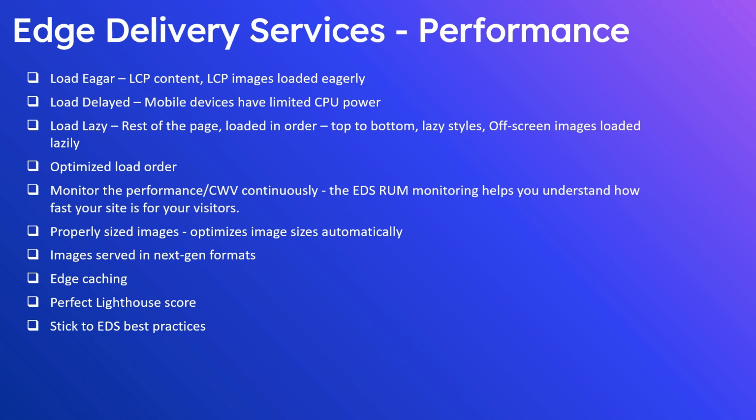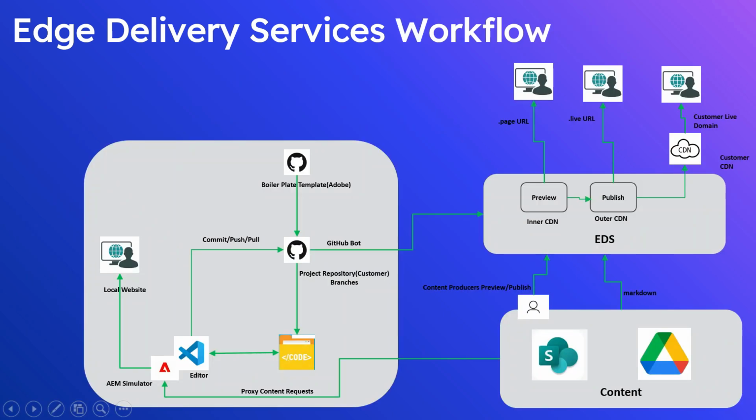It always provides properly sized images for the browser, and the images are always served in a next-gen format, for example WebP. The content is cached at the edge level for better performance. As we discussed, to continuously have better performance and Lighthouse score, we need to ensure EDS best practices are followed.